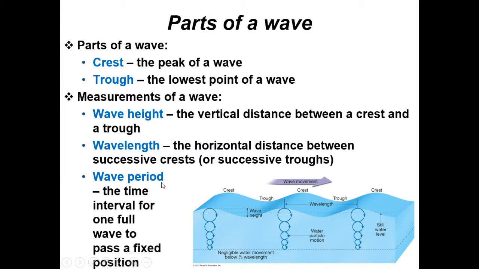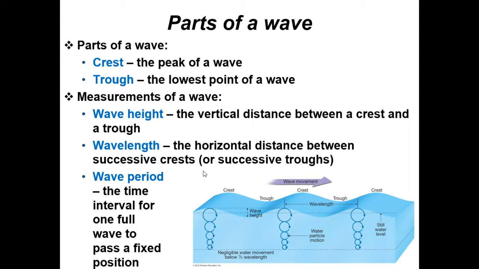Then you have wave period. Wave period is a lot like, let's say you're standing on a pier with waves coming in. You're sitting there with your stopwatch, and what you're trying to do is measure how long it takes for one complete wave to pass by you, because you're a stationary object.